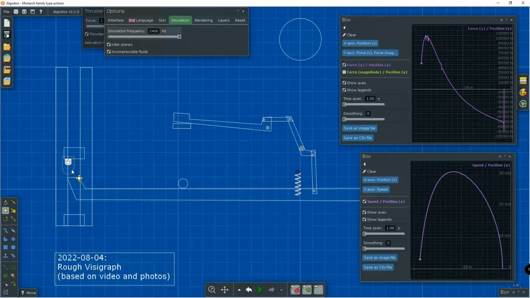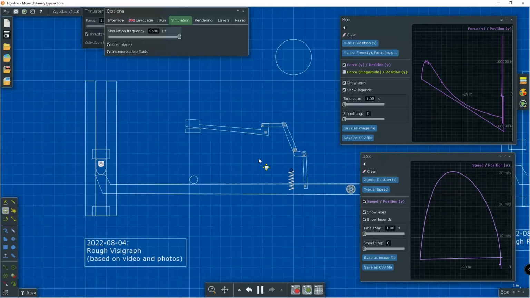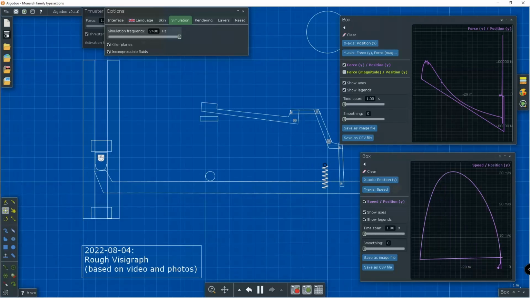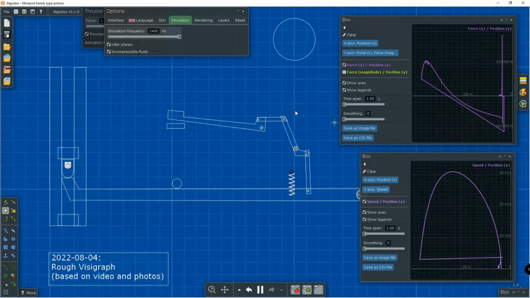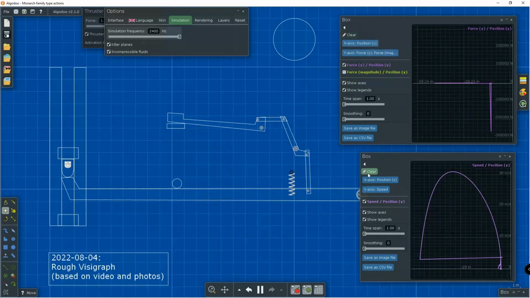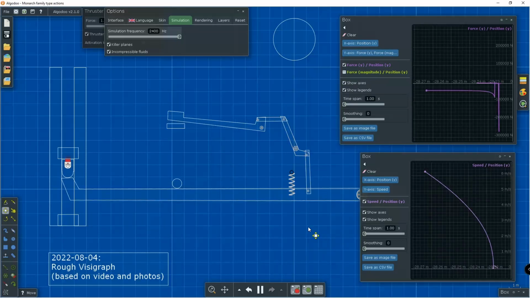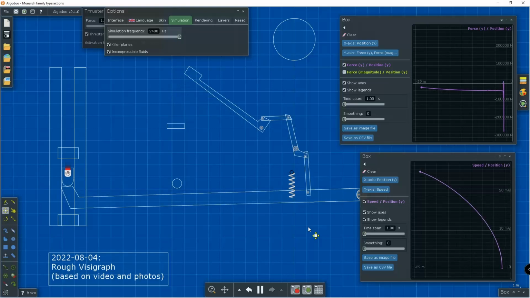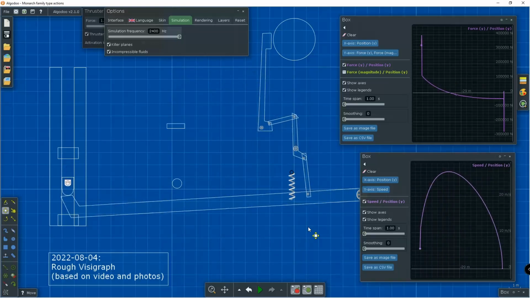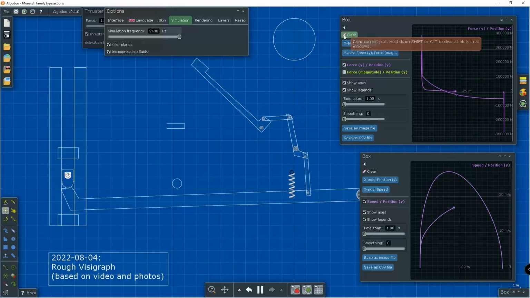Anyways, now we have this rough Visigraph based on Will Davis's stuff, or video, and article. Again, because of the shape of this bell crank, it seemed like, well, yeah, the position of those pivots might not be perfect, but it might be similar to an Olympia touch.